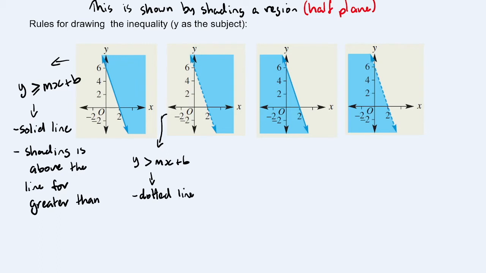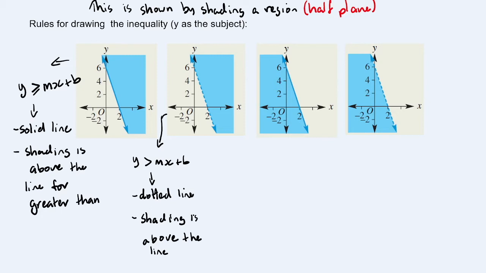So solid line can be equal, dotted line cannot be equal. And again, we are shading above the line to represent that those values can satisfy that inequality.